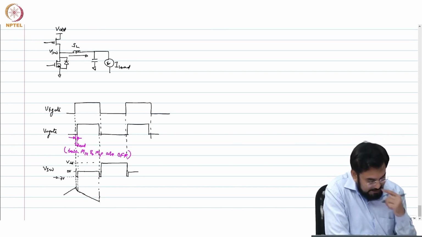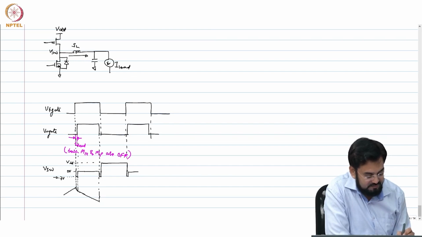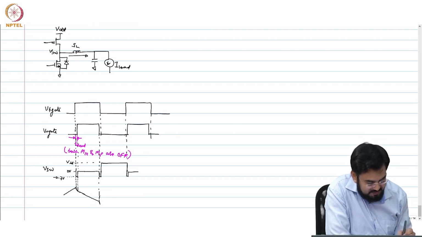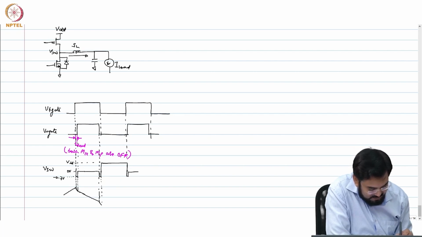And then what would happen here? So NMOS was on. So it will first fall and then, okay.